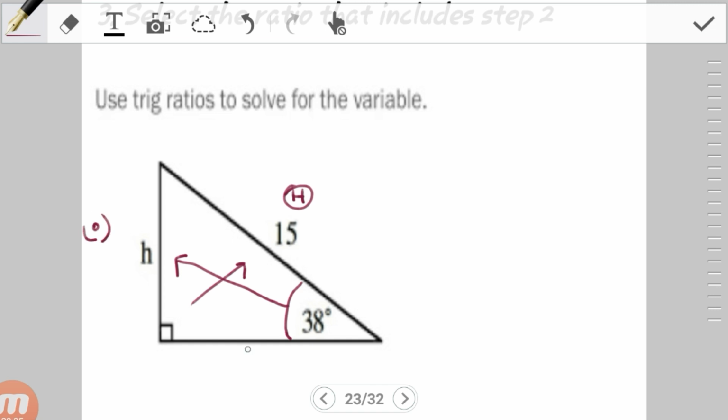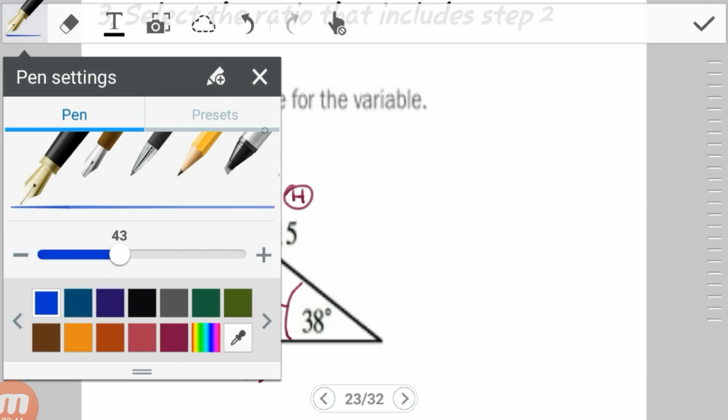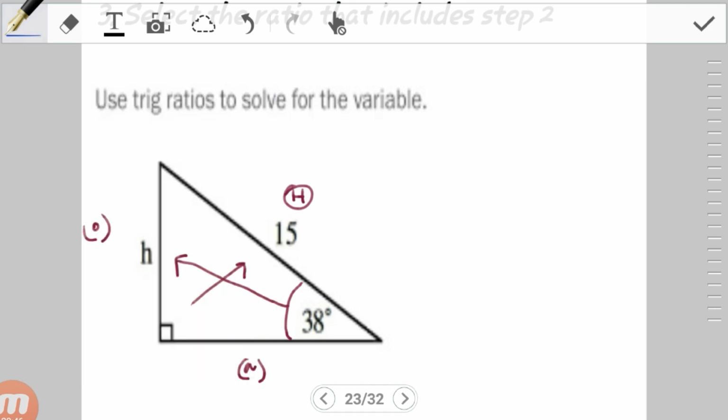And subsequently, the other side becomes the adjacent side. So once we have done that, we now have to look at what it is that they're asking me to find. They are obviously asking me to find the variable h, which is being represented by the opposite side. And of course, they have provided me with 15, which is being represented by the hypotenuse. And I have the support of the angle because I need an angle in order to use the ratio.